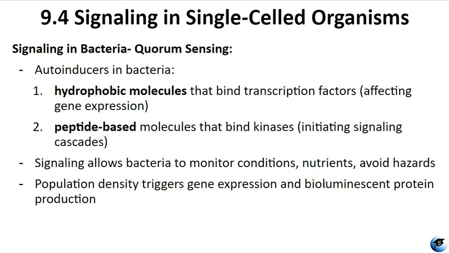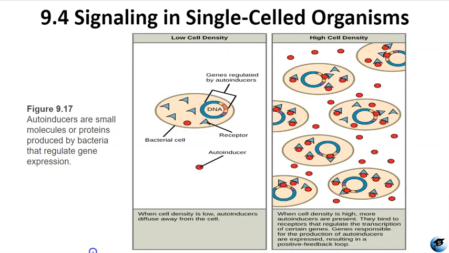Quorum sensing is important for bacterial survival, nutrient monitoring, and avoiding hazards. Biofilm-forming bacteria exchange signals within their colonies, and they coordinate toxin release, and biofilms can pose very serious risks, including infections. Often you will see biofilms forming on medical implants, right?